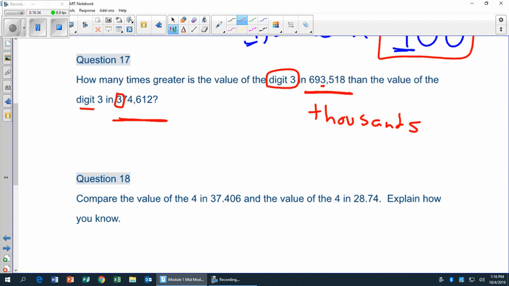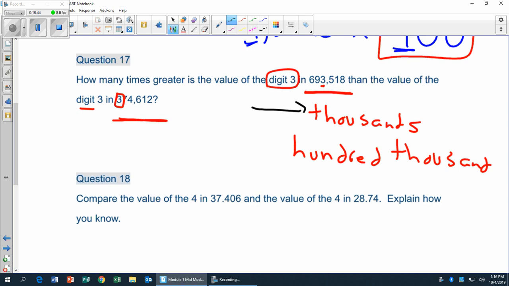And then over here, the 3 is in the 100,000 spot. So because this is smaller, it's 2 spots smaller. That's the same as saying 1/100th. Because we're looking at the first number first. And this number is the smaller number. And since it's a smaller number, it's 1/100th of the bigger number.